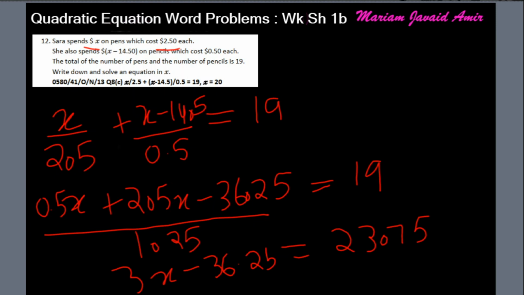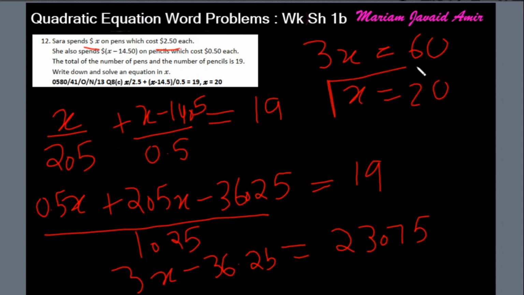We get 3x equals, take 36.25 to the other side, it gets added, 36.25 plus 23.75, we get 60, and x equals 20.